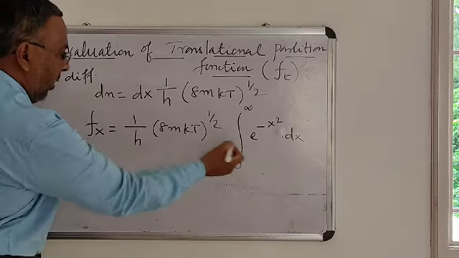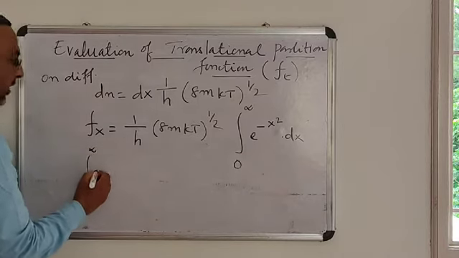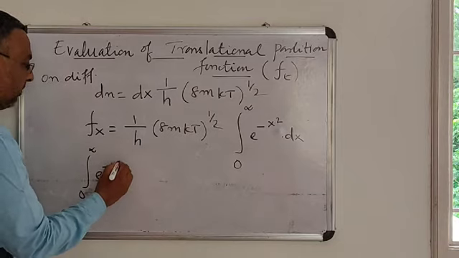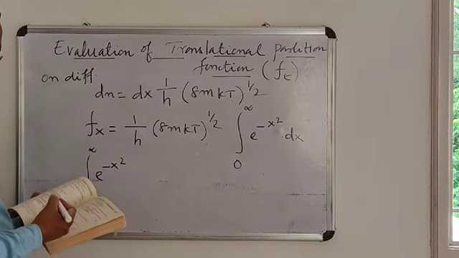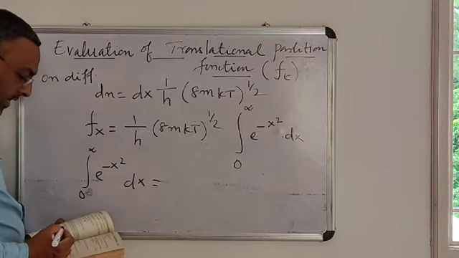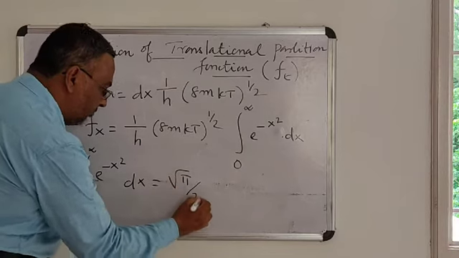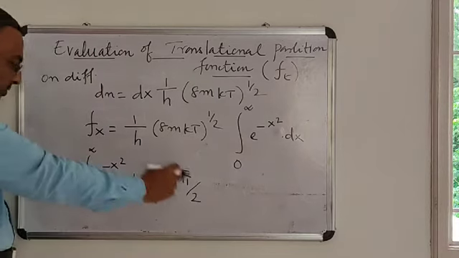The integral from 0 to infinity of e power minus x square, if you integrate this, the value is nothing but root of pi by 2. This is the constant value.